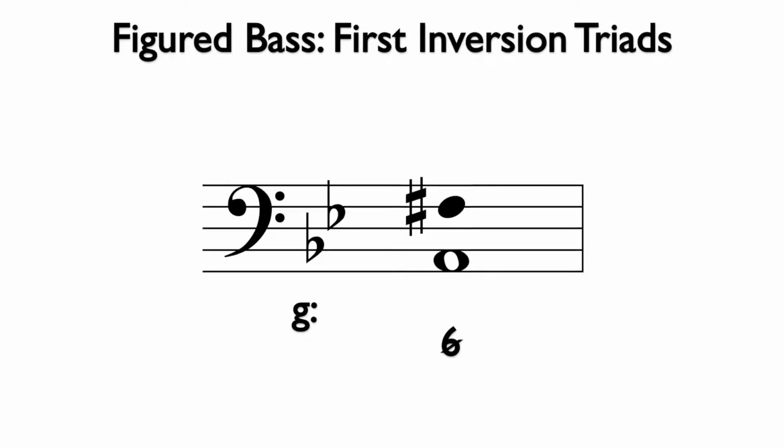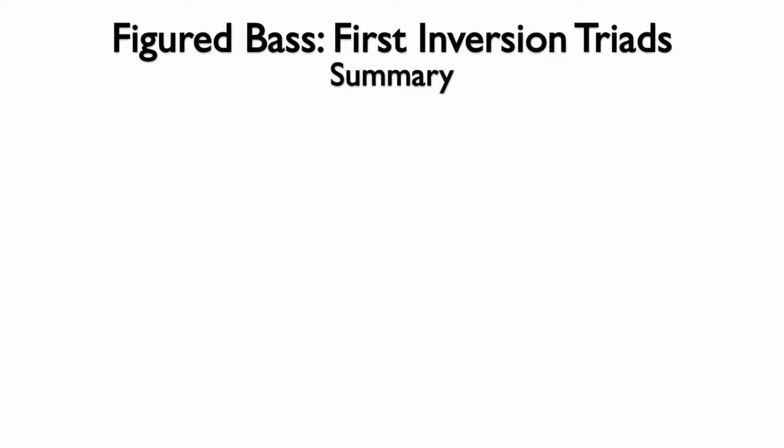We also have an implied third above the lowest note, giving us C. If we reorder the notes in thirds, we have F sharp, A, and C, making this an F sharp diminished chord in first inversion. Let's summarize.